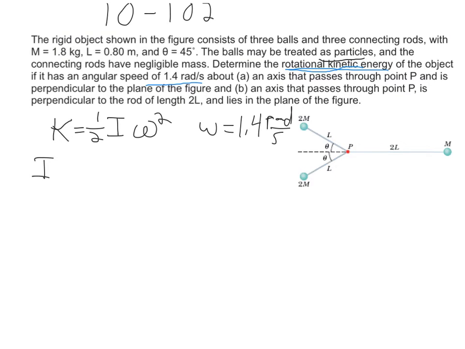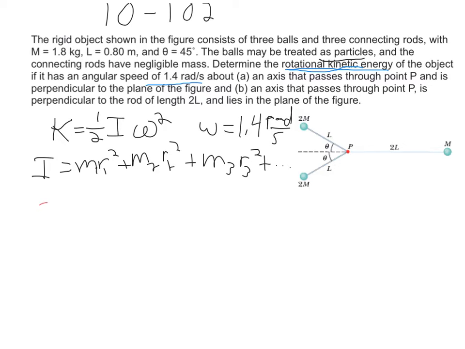If you remember, for point masses, I is equal to m1 r1 squared plus m2 r2 squared plus m3 r3 squared, and so on until you've added up all of the individual masses in your system. So let's go ahead and break this down.